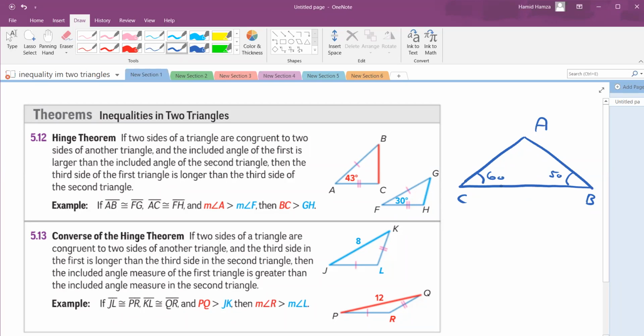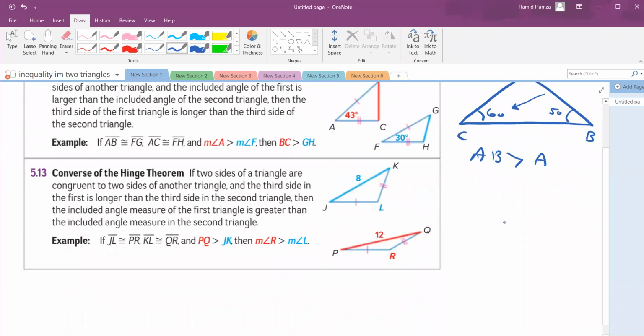So there is a relation between the angle and the opposite side. If we have two angles with different measures, the longest side will be opposite to the greatest angle. That means AB will be greater than AC because AB is opposite to the greatest what? The greatest angle. Okay, and vice versa.